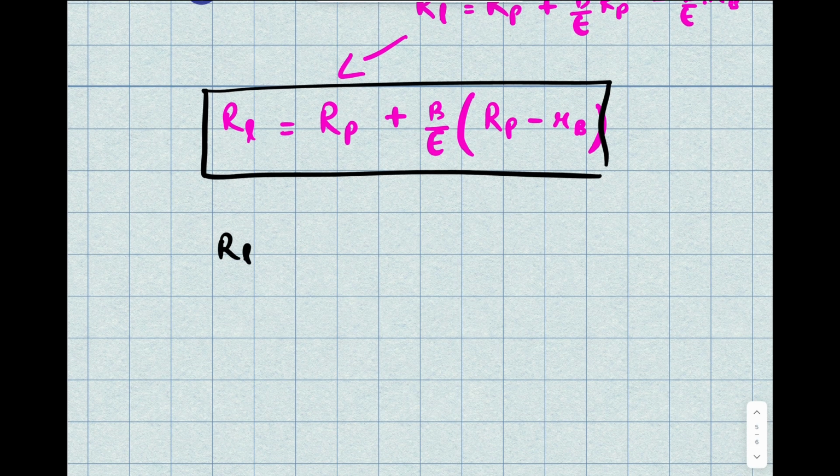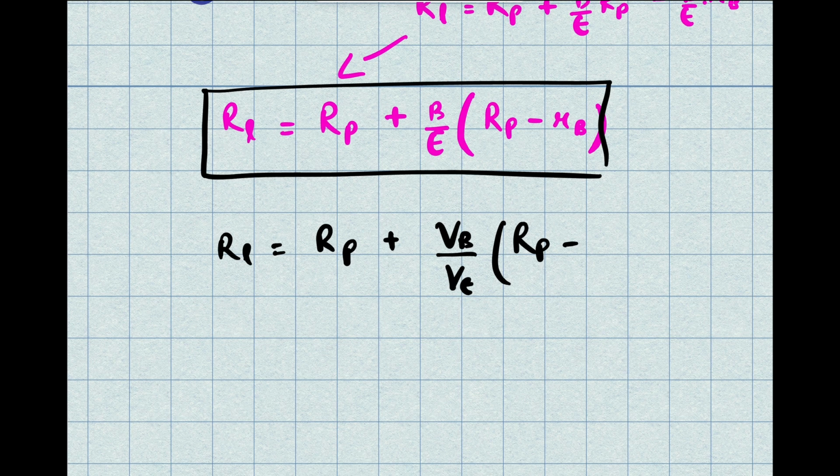In your book, it's written as RP plus B by E times RP minus RD. Okay, don't get confused. So basically, this is the portfolio return. So whenever you want to calculate the leverage return, this is the portfolio return plus the amount of money that you borrowed by your own money inside the brackets, portfolio return minus the cost of borrowing. Okay. So this is the formula for the leverage.